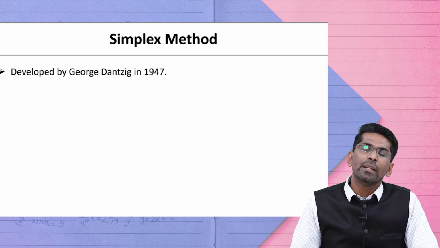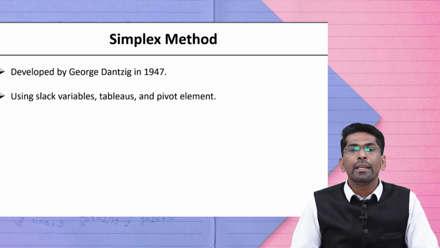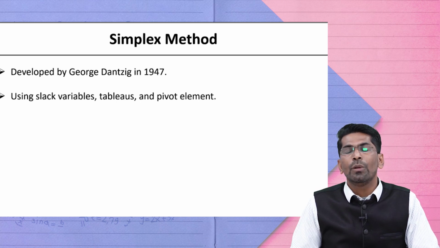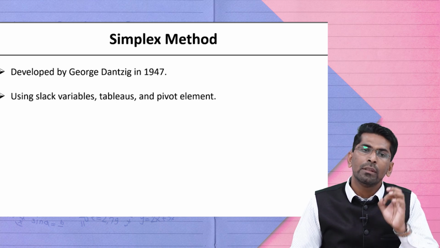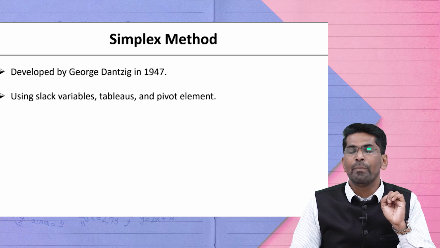The simplex method solves the linear programming problem by using concepts like slack variables, a tableau and a pivot element as tools to find an optimal solution of an optimization problem. So here we will use the slack variables, tableau and pivot elements.